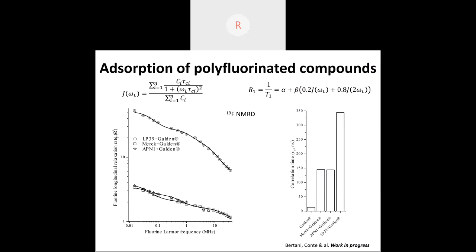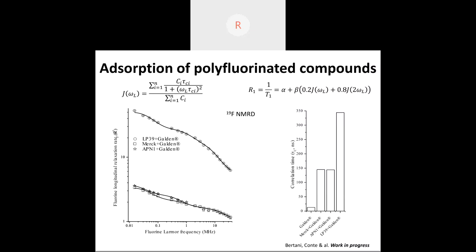And what is clear from the left part of this slide is that the biochar that we have called LP39 shows, over the whole range of fluorine Larmor frequencies, the largest R1 values, while the other two biochars, Merck and APN1, just to remind you that this last one is the homemade one, appear very similar to each other.